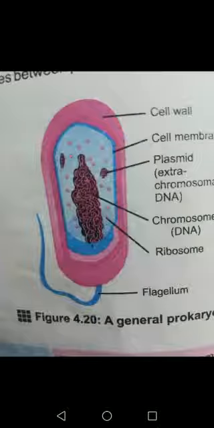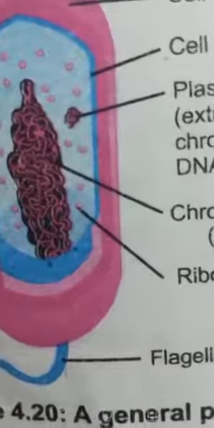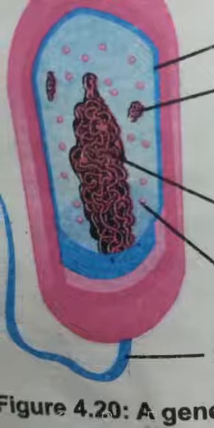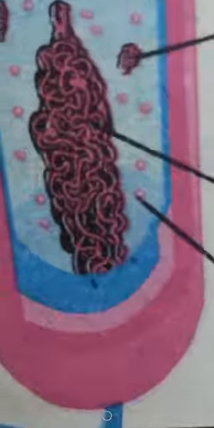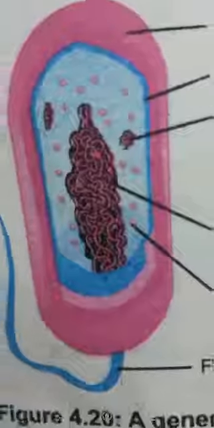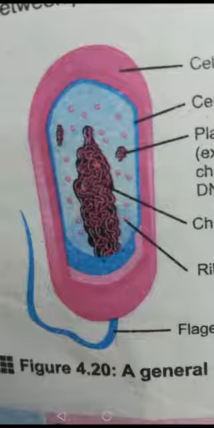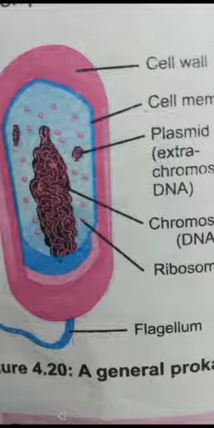Here is the structure of a prokaryotic cell, and in it the chromosome is submerged in the cytoplasm. There is no nucleus. This thread-like chromosome is present inside the cytoplasm, and it is made up of only DNA, with no protein. So this is the difference between the chromosomes of prokaryotic and eukaryotic cells.